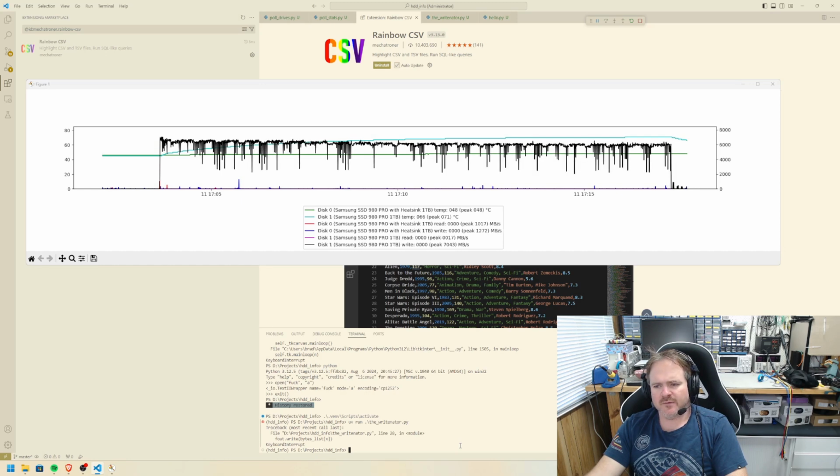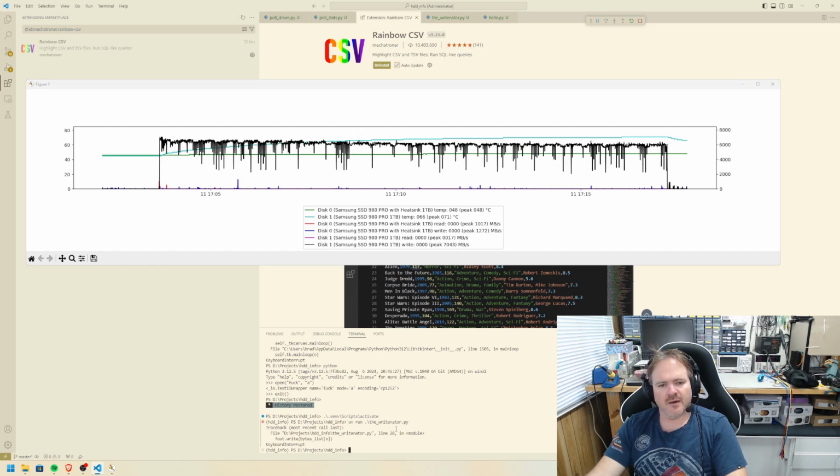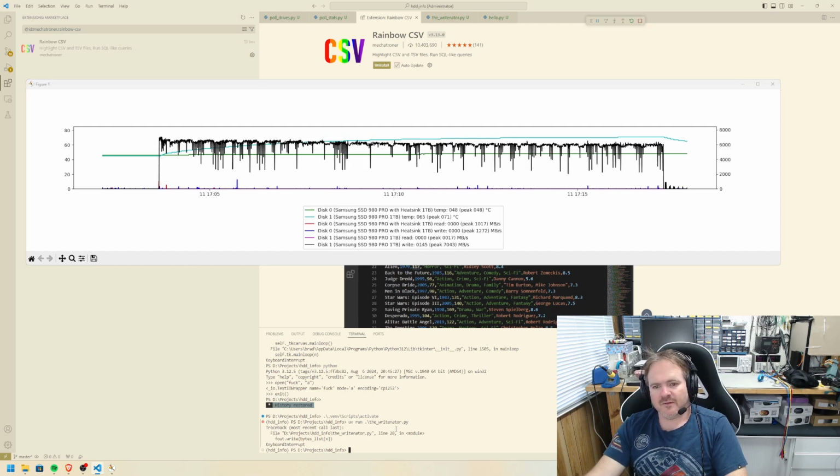It should be symmetrical about going up or down. Yeah, that's interesting. I don't know how that works exactly.